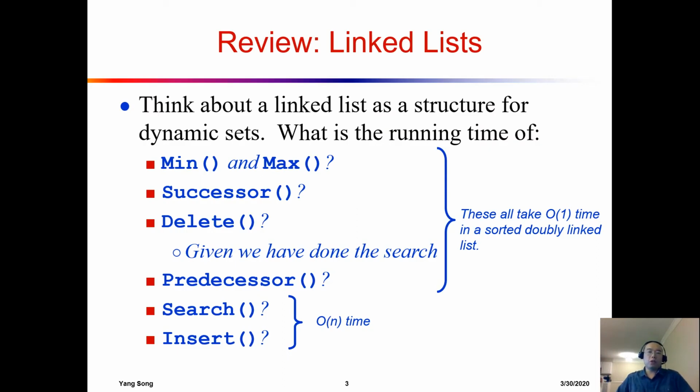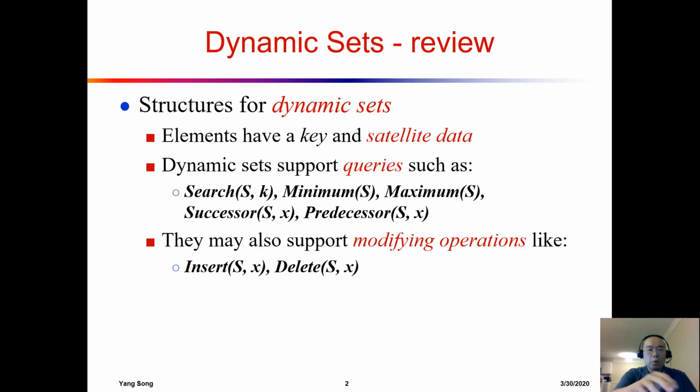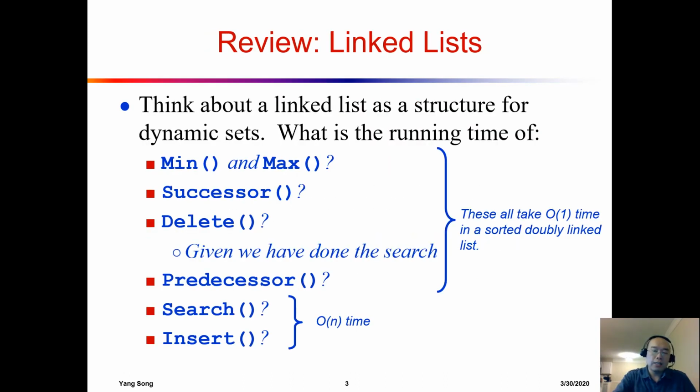If we want to use the linked list to implement the dynamic set, the bad thing is that the first 4 actions we can do in O(1), and for the remaining 2, search and insertion, they have to be O(n) in this case.